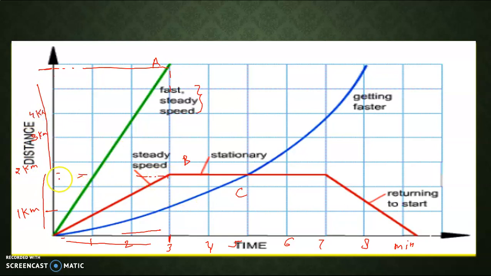By meeting the points on the corresponding axes, we can find out whether this object is moving with fast speed or steady speed.